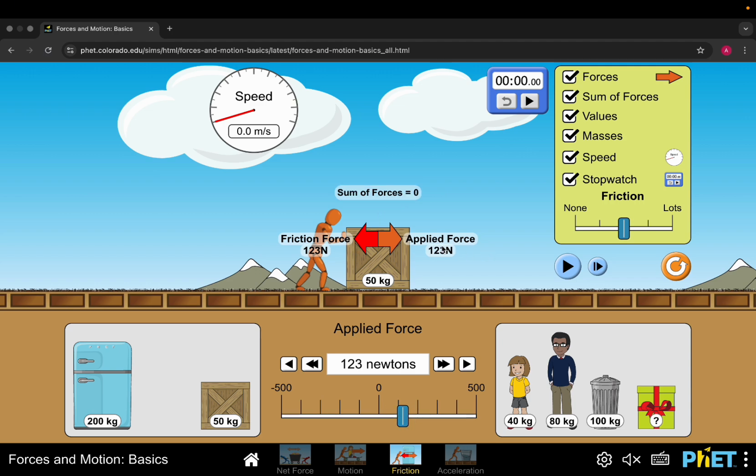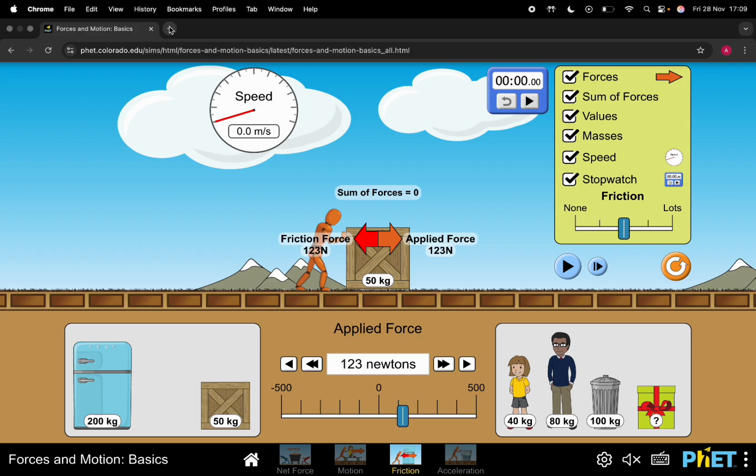If I apply a force of 123 newtons, it is not going to move. Look, it will stay still. Why? Because of the friction force. How do you get the friction force? You need the friction coefficient and your normal force.